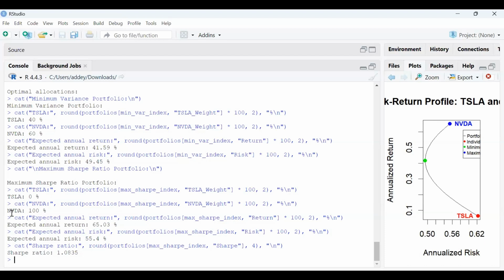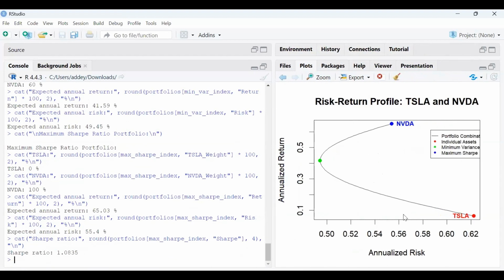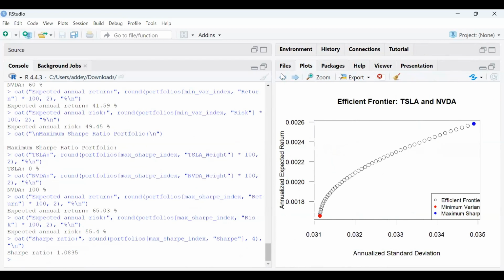So it looks like your tangency portfolio might be a good choice. But then again, your choice on this range of investment is dependent on your risk appetite.